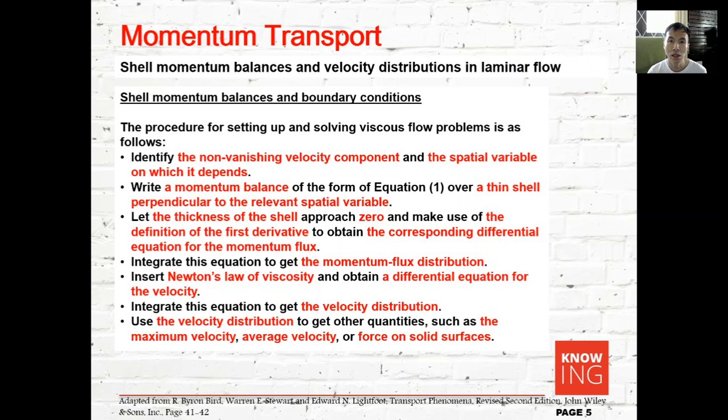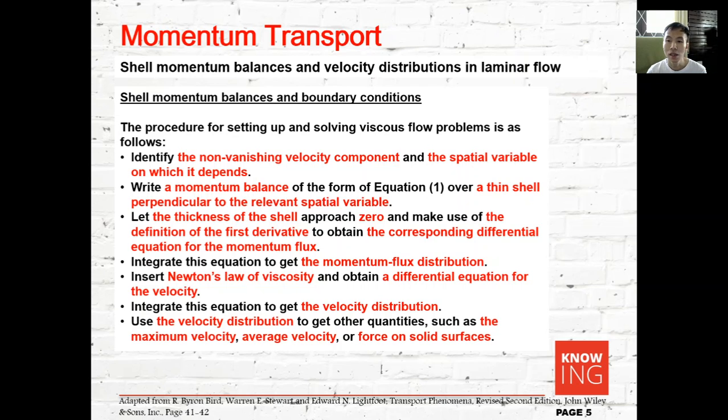In any case, the detailed derivations for those examples are also given in the note that is attached in your Canvas. The first step is to make the postulation, or identify the non-vanishing velocity components. The second is to write the momentum balance that is shown in the previous slide.